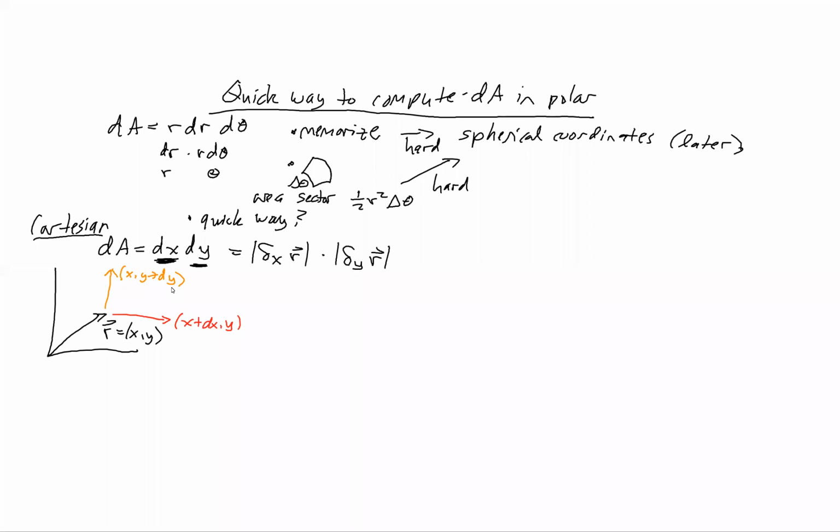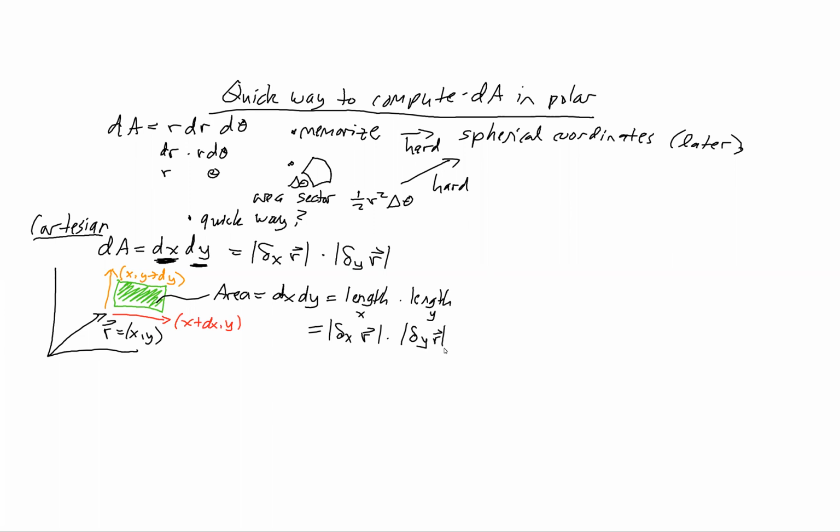And now let's take the area of this square. The area is simply dx dy, and we know that because it is the length of the x side times the length of the y side. This is delta x r. This is delta y r.